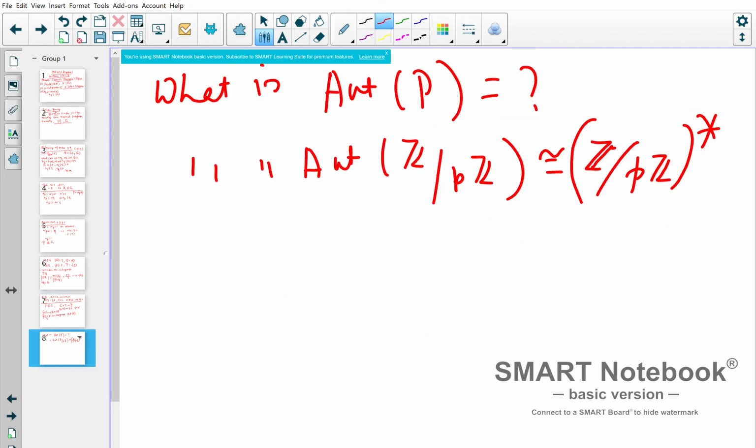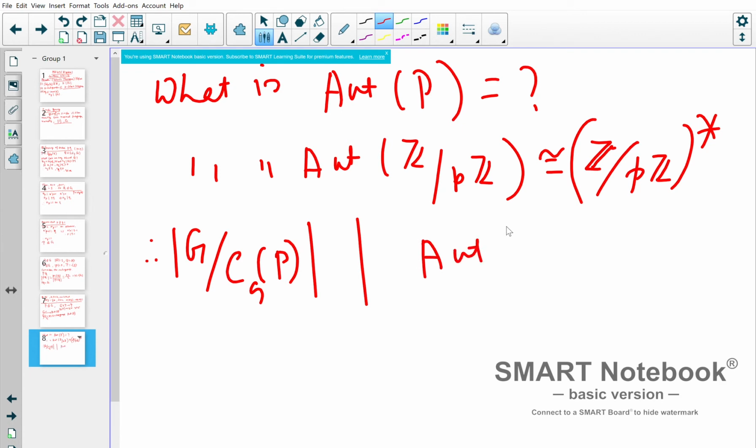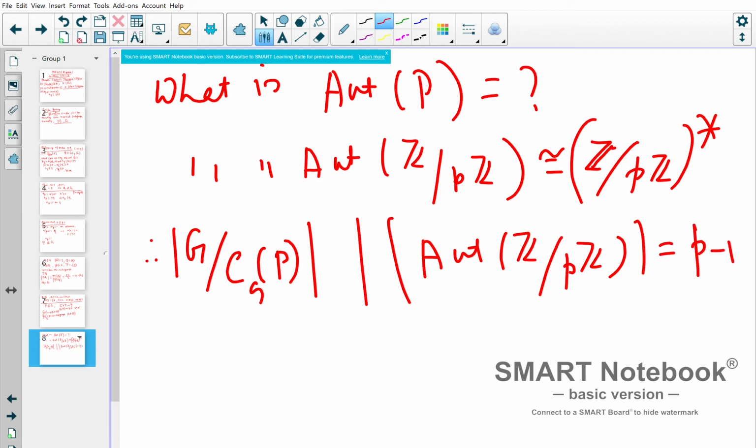So what does that mean? That means the order of G mod the centralizer of P in G, being a subgroup of this, divides the order of the automorphism group, which is nothing but P minus 1, right? Now check that. So what are the options? See, the order of the group is G and the centralizer of P in G is a subgroup.